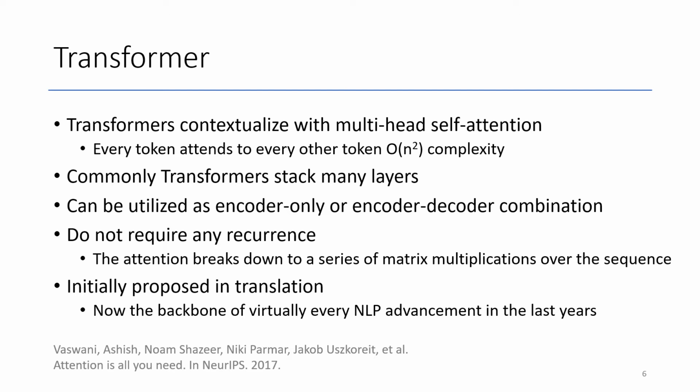There is a lot of boilerplate code that falls off, and it's much better to parallelize on modern GPUs. The transformer was initially proposed for translation, but now it's the backbone of basically any NLP advancement in the last couple of years.